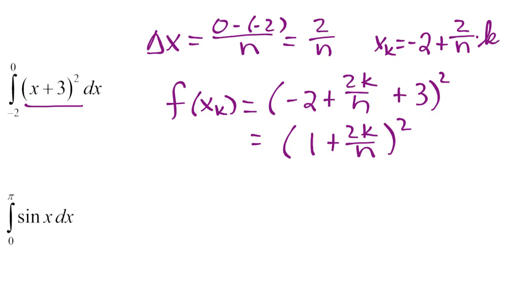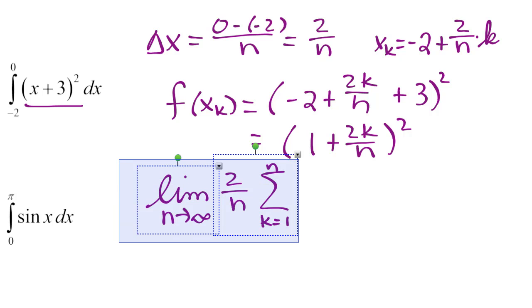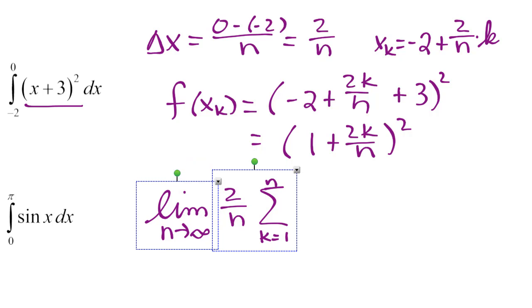All right, so we're not quite done. Let's go ahead and write then our limit. This is the limit as n approaches infinity of, I'm going to factor out that delta x, so this is 2 over n times the summation of k equals 1 to n of our f of x sub k.